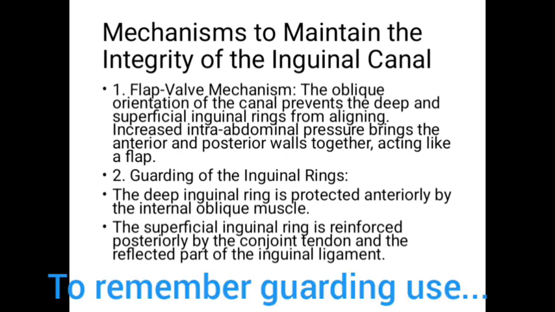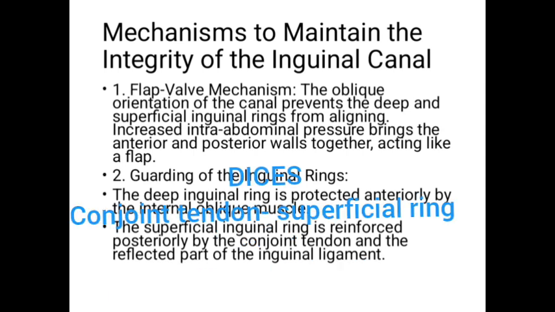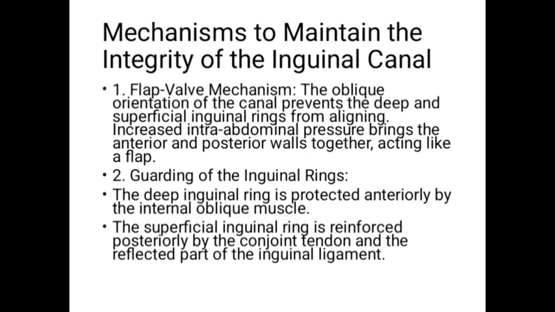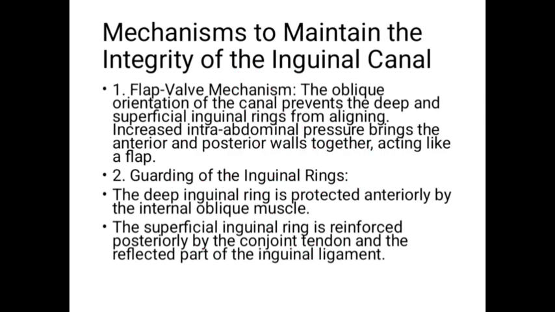Now the next mechanism is the guarding of the inguinal canal. The deep ring is protected anteriorly by the internal oblique muscle, while the superficial ring is reinforced posteriorly by the conjoined tendon and the reflected part of the inguinal ligament. So in the guarding mechanism, there are some muscles and ligaments that protect the inguinal ring.